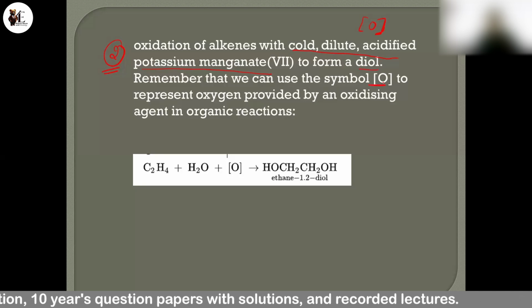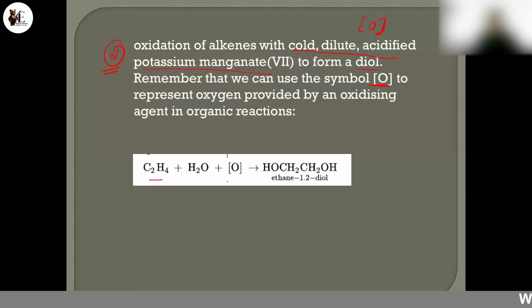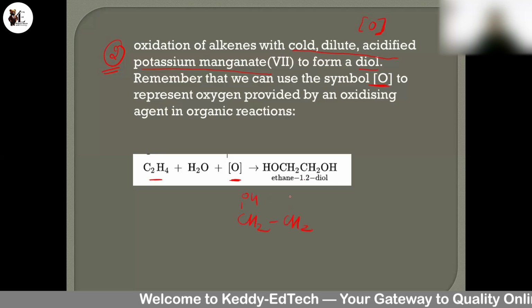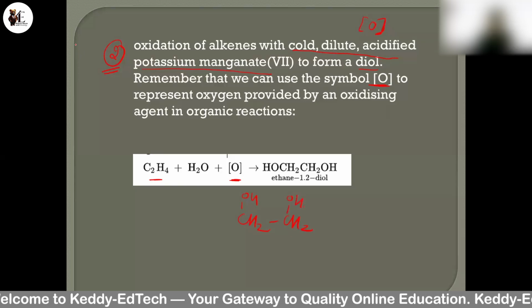We can use the symbol O in the square bracket, which means that you are using a strong oxidizing agent, which is cold dilute acidified potassium permanganate. When you react ethene with this oxidizing agent, you have ethane-1,2-diol. So this is your ethane, and at the first position and the second position, you have the diol. This is the second method to prepare alcohols.